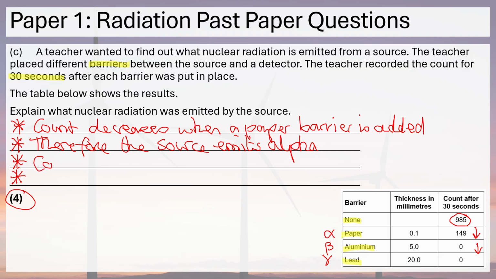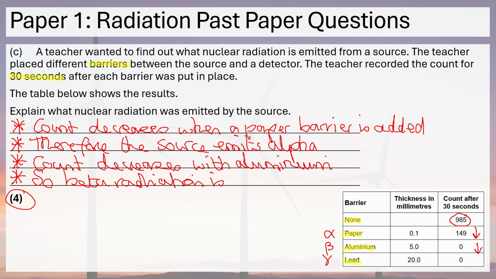So the count decreases with aluminium. So beta radiation is also present.